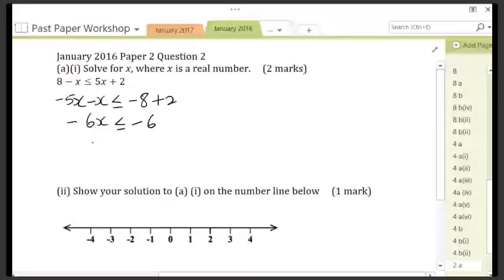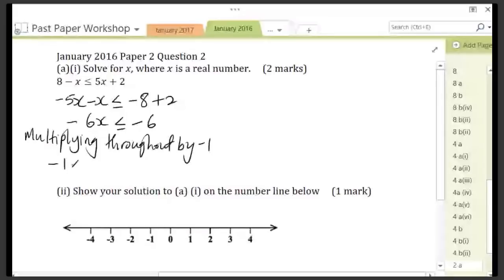Now, remember that we cannot divide an inequality by a negative coefficient. So what I have to do, I have to multiply throughout by minus 1. Okay, so this is minus 1 multiplied by minus 6x. And when I multiply by minus 1 throughout, it reverses the inequality sign.